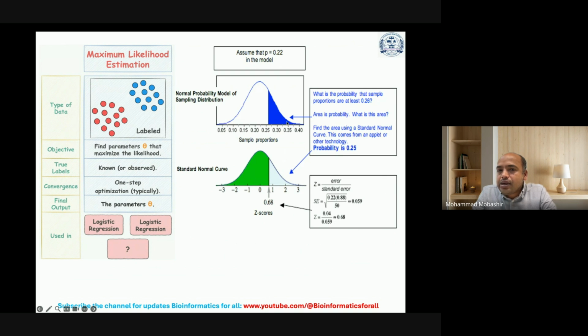To find the area, use a standard normal curve, which comes from an applet or other technology. The probability here is 0.25. The way to do such probability calculations uses simple mathematical relations or equations.